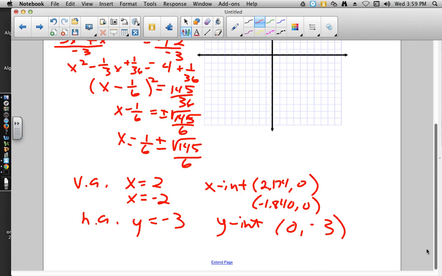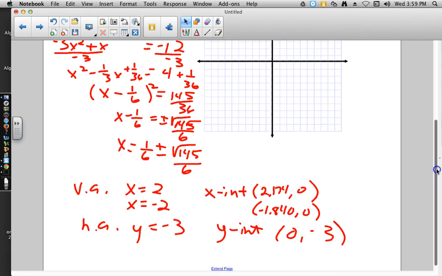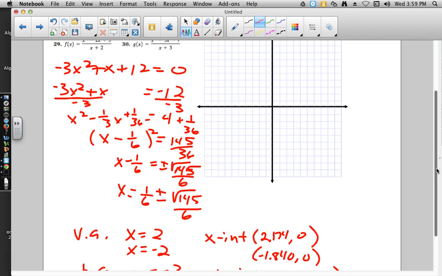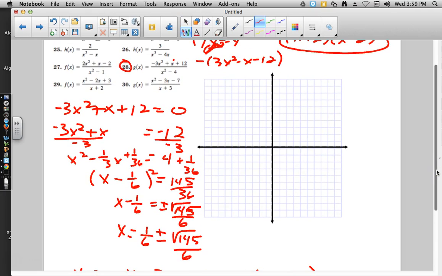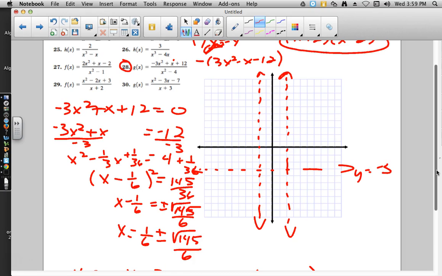Now we know a lot about this graph before we start, so we want to go ahead and get all of those pieces of information onto our graph. And we had vertical asymptotes at x equals -2, x equals 2. That was our denominator equaling 0. And then looking at what would happen with infinity gave us a -3 for y equals -3, our horizontal asymptote.